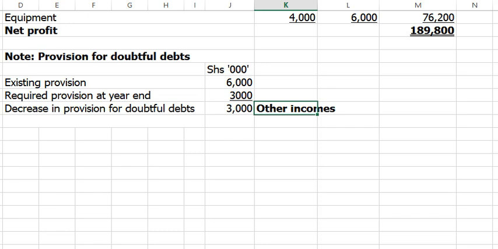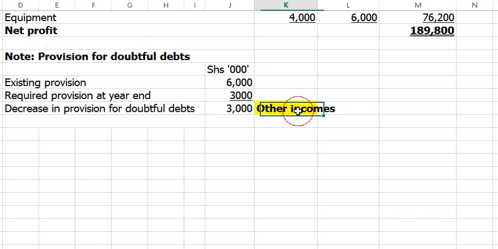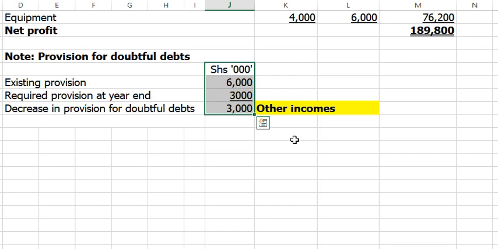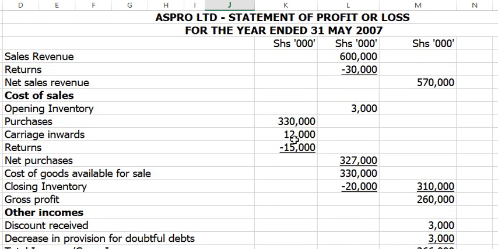You add it to the other incomes in the income statement. By the way, in this question, depreciation has been given. It has already been computed for you, but in some other questions you will be required to compute that depreciation, so you always follow the additional information.